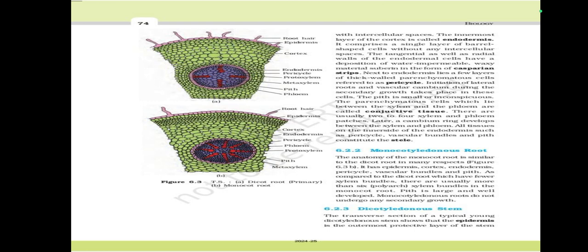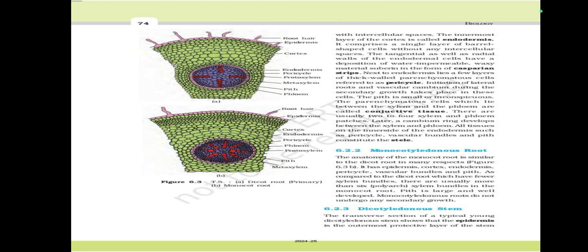The parenchymatous cells between the xylem and phloem are called conjunctive tissue. There are usually 2 to 4 xylem and phloem patches. A cambium ring develops between the xylem and phloem. All tissues on the inner side of the endodermis, such as pericycle, the vascular bundles, and pith, constitute the stele.